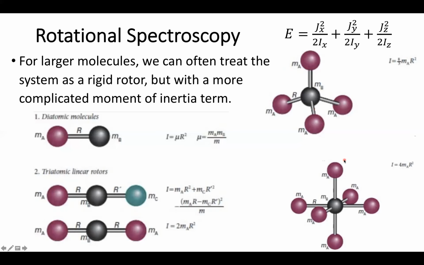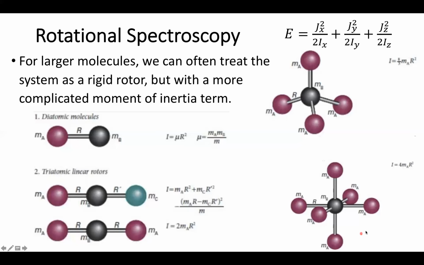However, if we are dealing with an octahedral system, so this is our classic TD symmetry, or sorry, OH symmetry. Sorry, this is TD symmetry. If we have a classic OH symmetry around a simple central atom, this actually is quite a nice case because we have essentially three axes of rotation.